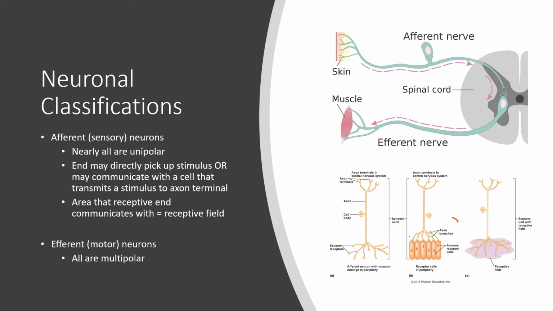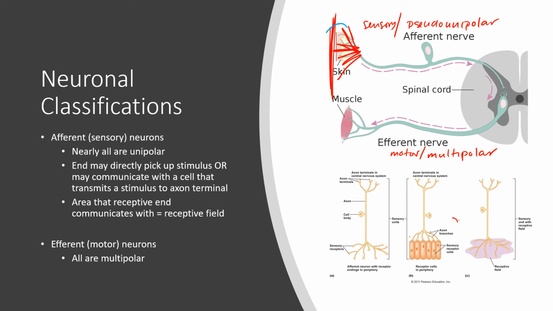Here you can see your afferent pseudo-unipolar neuron and an efferent multipolar nerve, sensory here, motor there. So at the receptive end of a pseudo-unipolar sensory afferent nerve, you're going to have a lot of processes that cover an area.